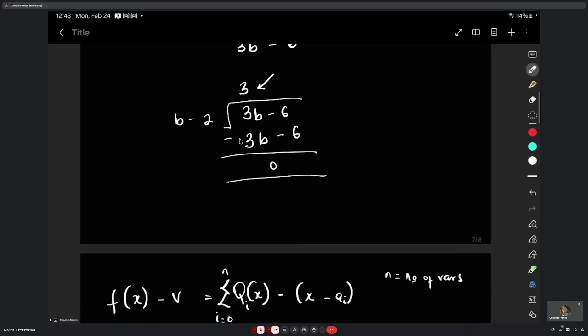After partially evaluating at the first variable, we get a new polynomial, and the new variable we're working with is going to be a factor of that new polynomial. So we divide again. We get a quotient, we get a remainder.